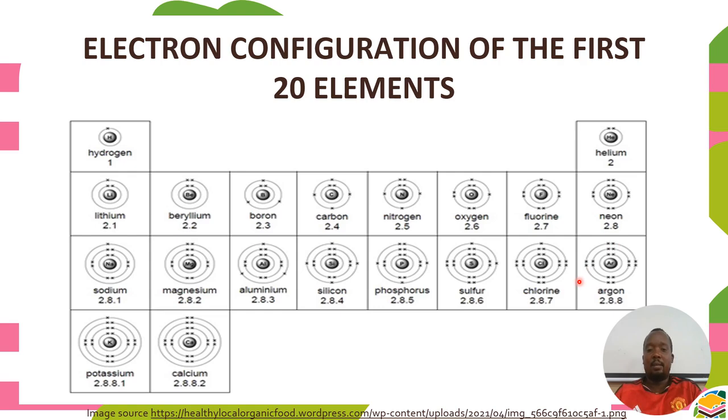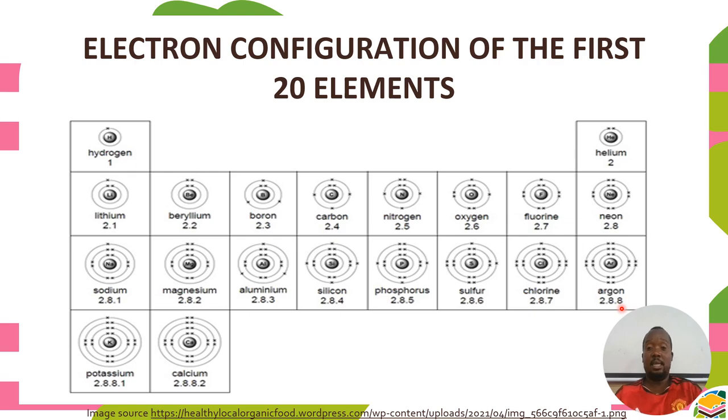The electrons are 18. How many shells? 3 shells. So we have the first shell, 2 electrons. Second shell, 8 electrons. Then in third shell, 8 electrons. So the electron configuration is 2, 8, 8.